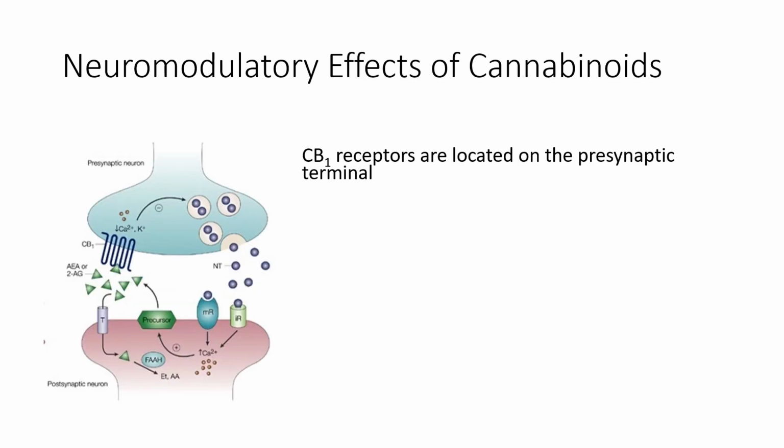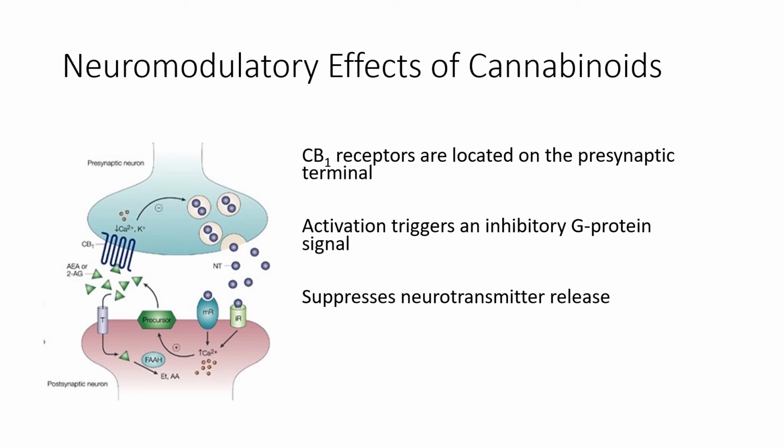So what exactly is going on here? Well, CB1 receptors are actually on the presynaptic terminal. So they are on the terminal that releases the neurotransmitters into the synaptic gap. Activation actually inhibits that G protein signal that we talked about a couple weeks ago, resulting in a suppression of neurotransmitter release.